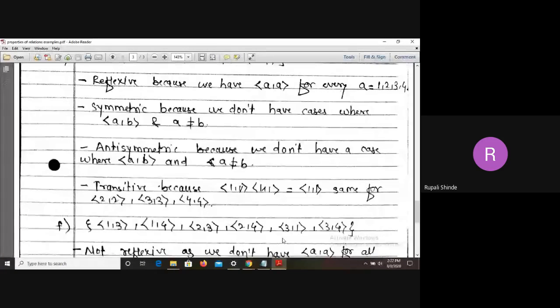Next one, transitive. Not transitive. Antisymmetric?